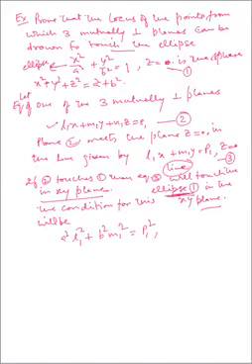So P1 is under root a square L square plus b square M square. Now if we substitute this value of P1 in equation 2, this value will come.